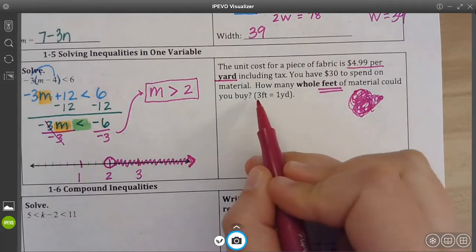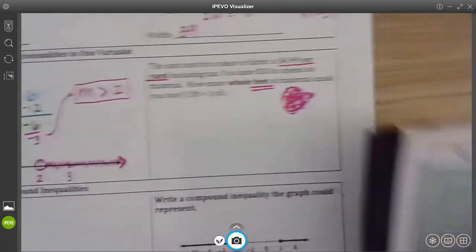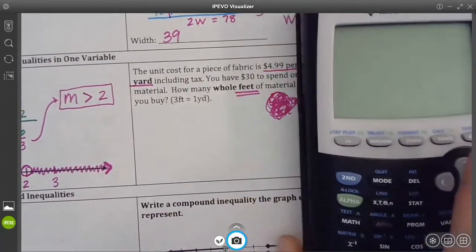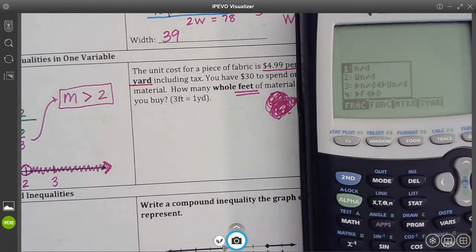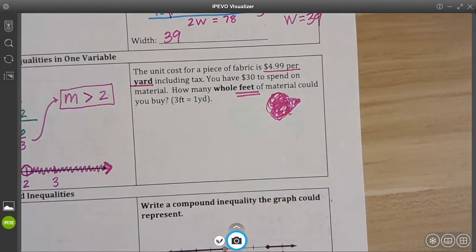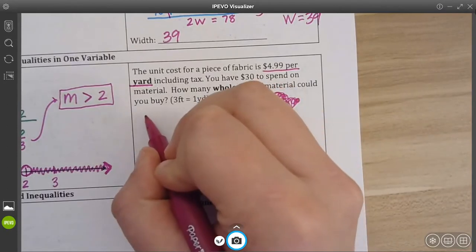We're given the conversion here that there's 3 feet per 1 yard. So to figure out how much a foot is going to cost, I'm going to take this $4.99 and divide it by 3. So we can say 1 foot of fabric is going to cost about $1.66.